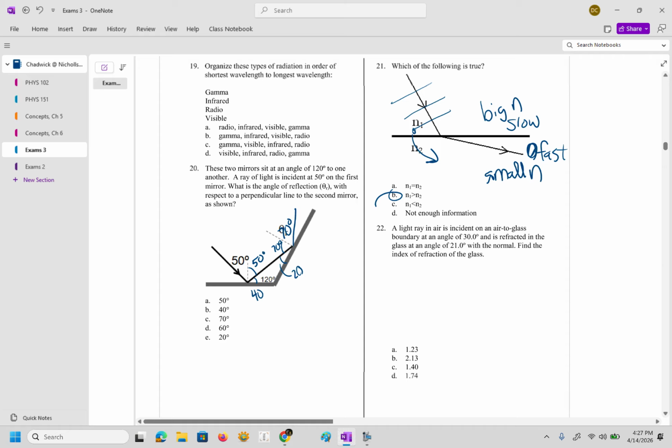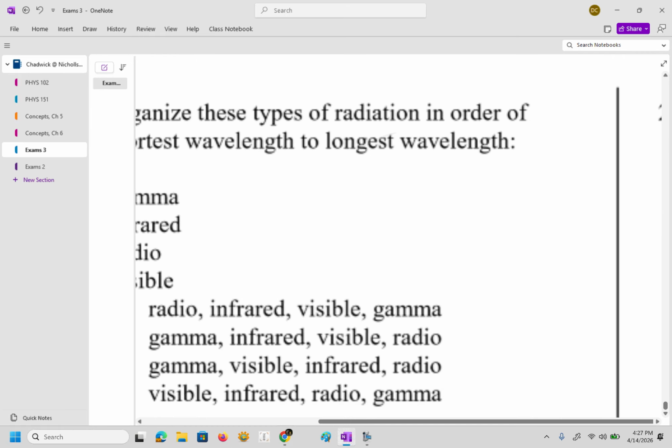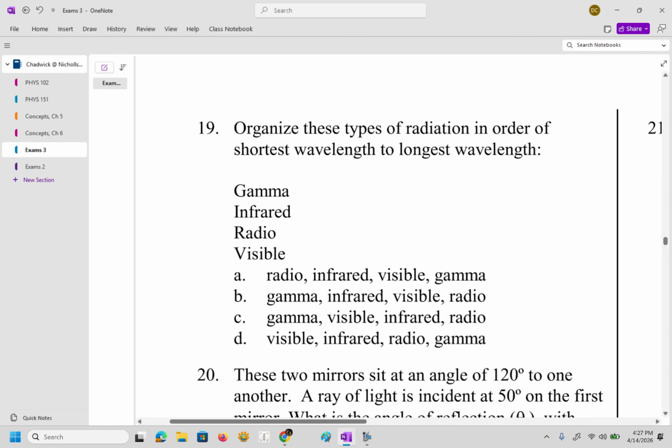Hopefully that's a gimme. You'll also have one like this, where you're able to organize the radiation by wavelength, energy, or frequency. And these have gamma, infrared, radio, and visible, but you could have any of those that I told y'all which ones you needed to know in the notes. You might want to go back and revisit that.